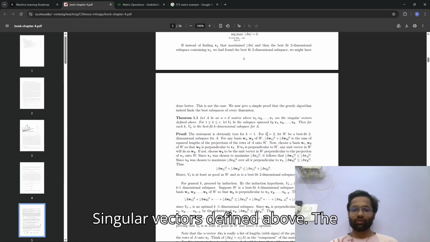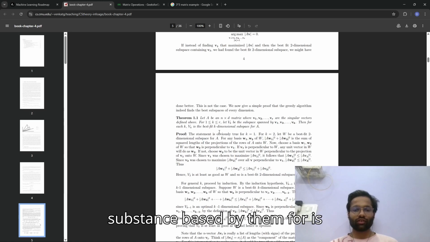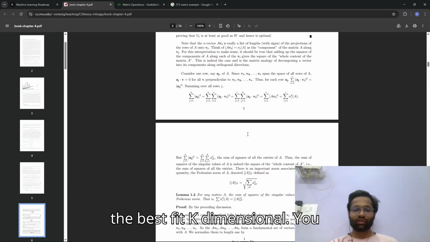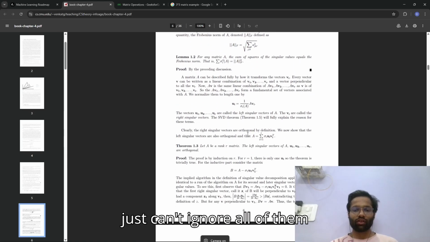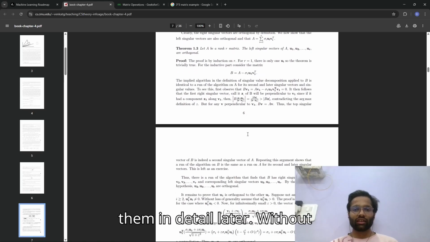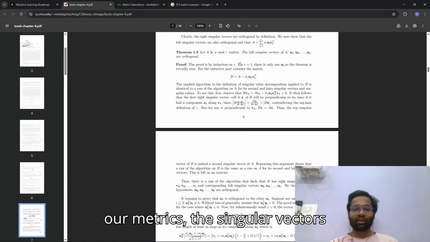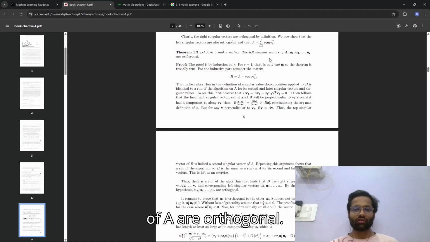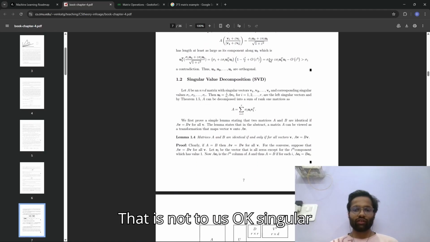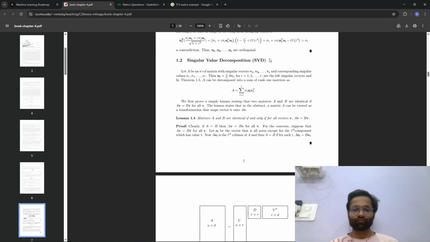Singular vectors define the best-fit k-dimensional subspace. You can ignore all of this from now on; we will cover them in detail. Let A be an n by d matrix, the singular vectors of A are orthogonal. That is not much. Okay, singular value decomposition.